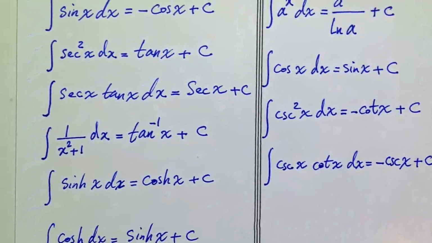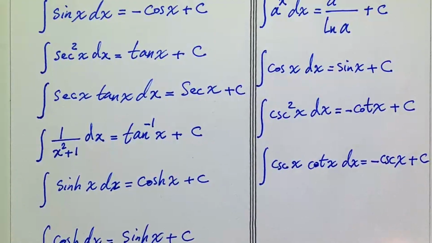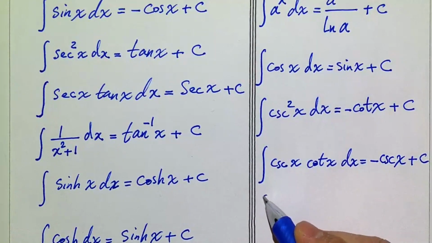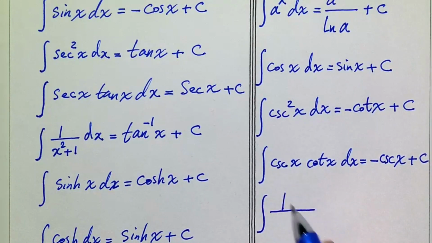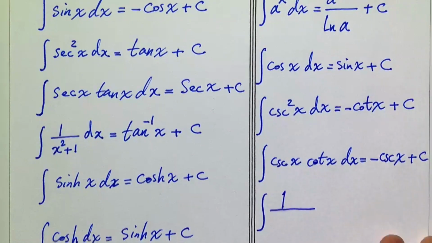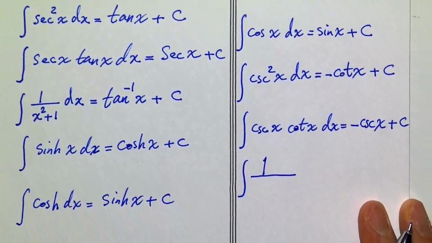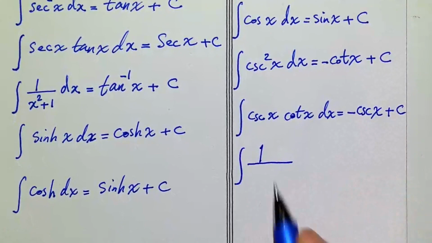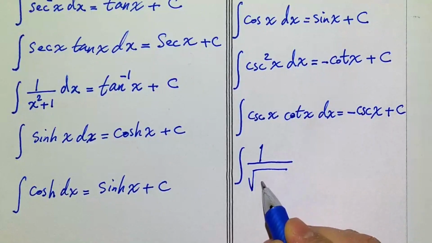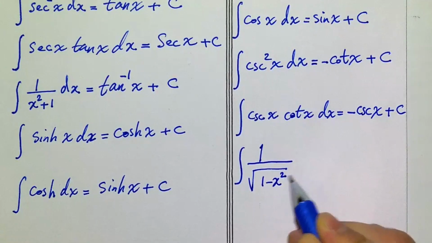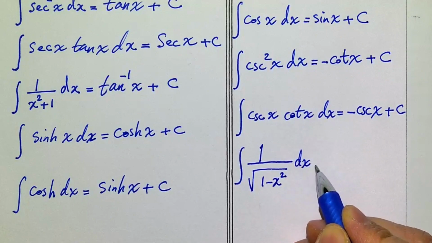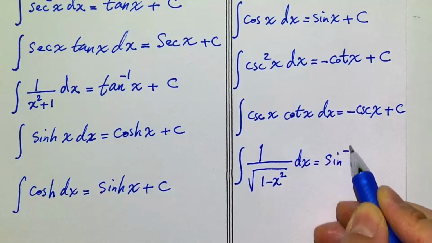We're not done with this, but they make our life easier when we calculate the integral of some expressions. So let's get them all in here. 1 over the square root of 1 minus x squared dx is equal to inverse sine of x plus c.